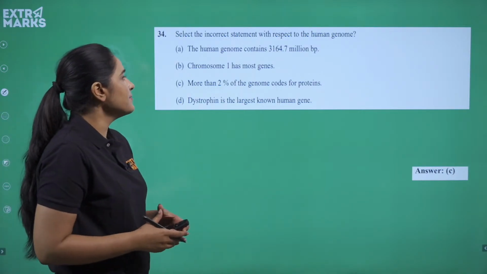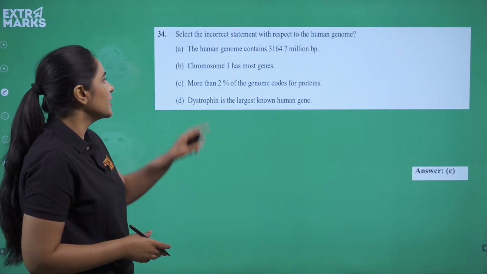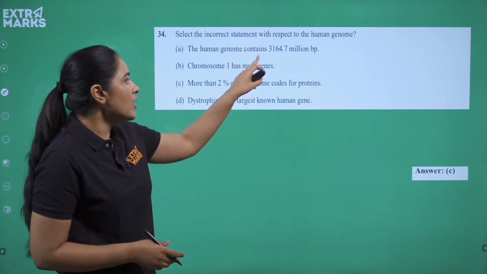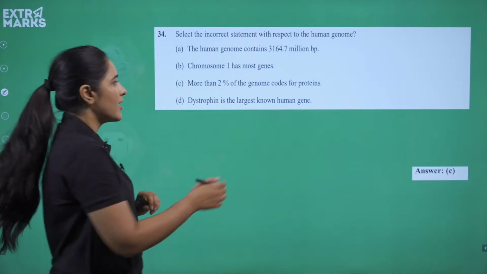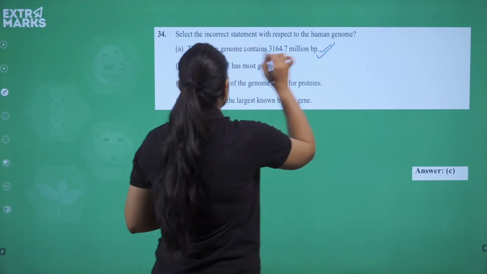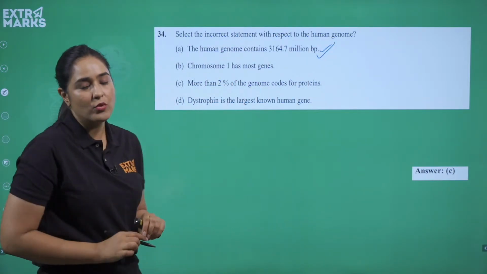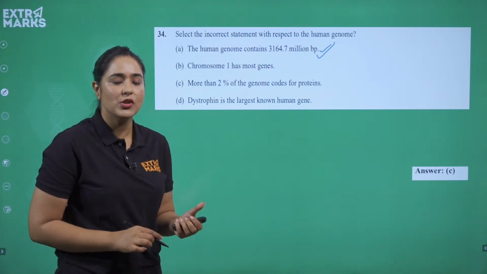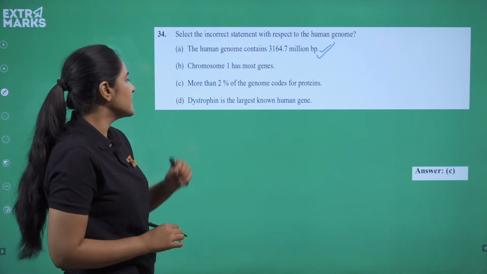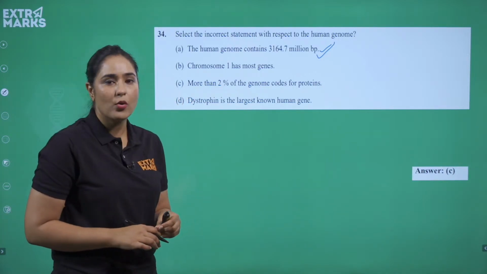Select the incorrect statement with respect to the human genome. The human genome contains 3,164.7 million base pairs. This is absolutely correct here. Chromosome 1 has most genes. This is also correct. We have seen the outcomes of the human genome project there. And the third says more than 2% of the genome codes for proteins.